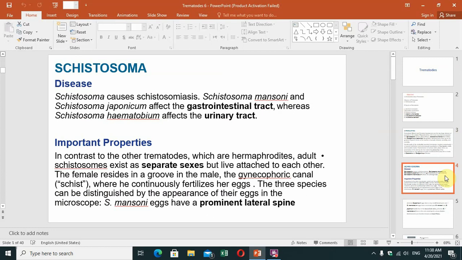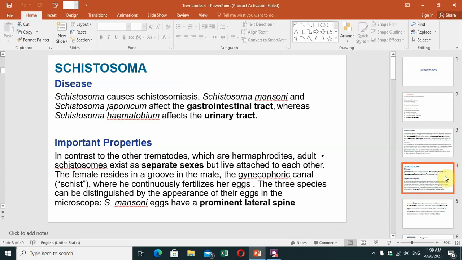One of the most important species that are worldwide common اللي هو Schistosoma species. Schistosoma species usually include three species. Schistosoma causes schistosomiasis: Schistosoma mansoni and Schistosoma japonicum affect the gastrointestinal tract, whereas Schistosoma haematobium affects the urinary tract.